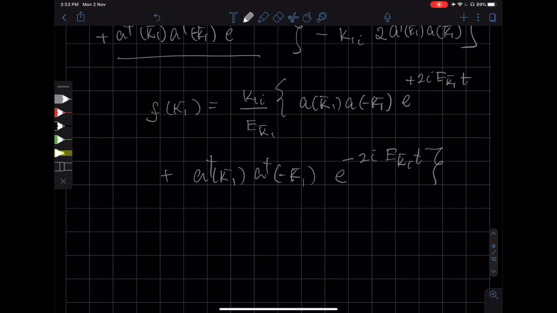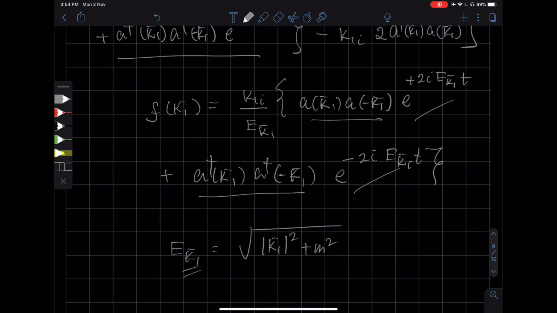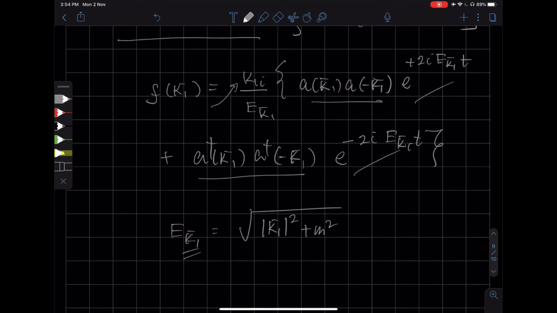Now, e of k1 is nothing but the positive square root of k1 mod squared plus m squared. So this is an even function of k1. So these are even functions of k1, these are even functions of k1, but this is an odd function of k1.